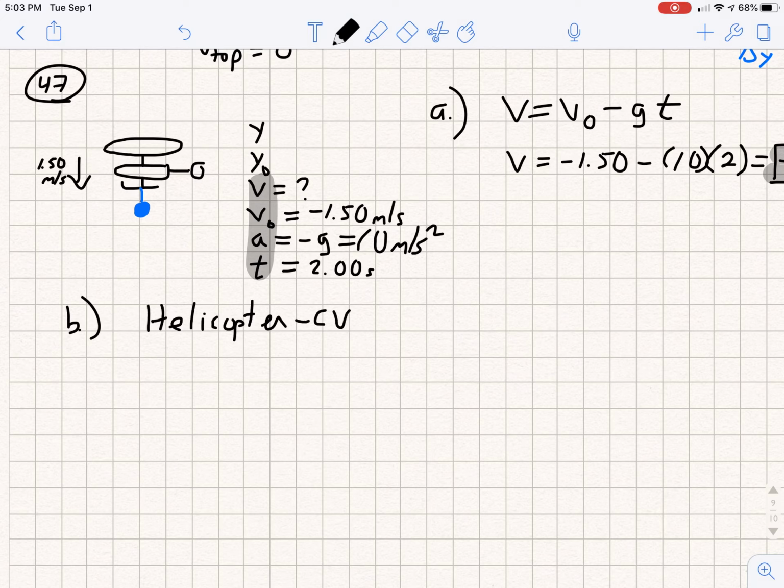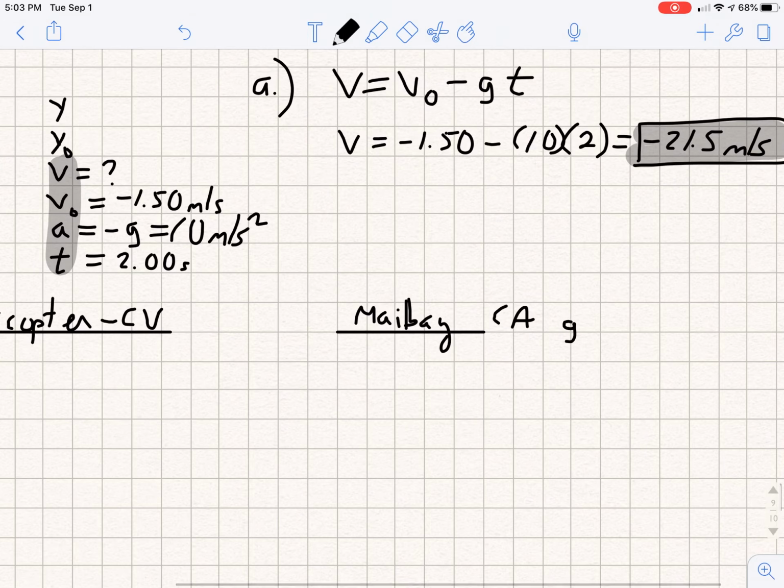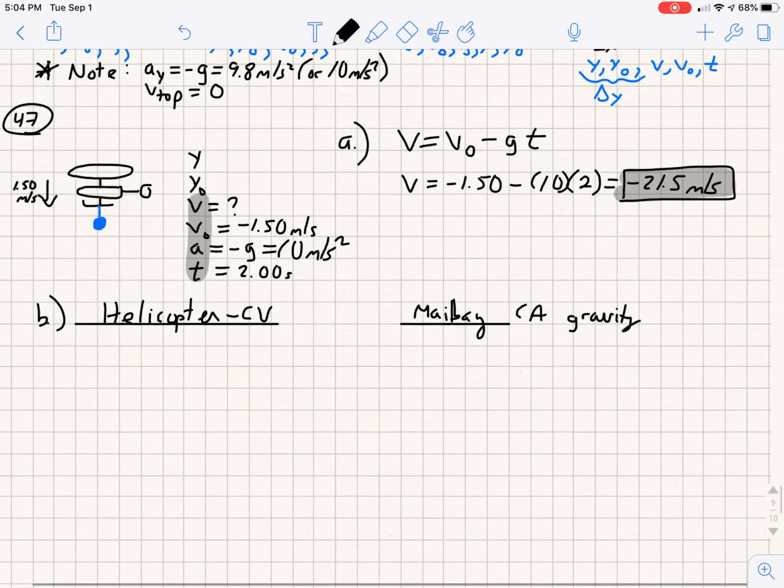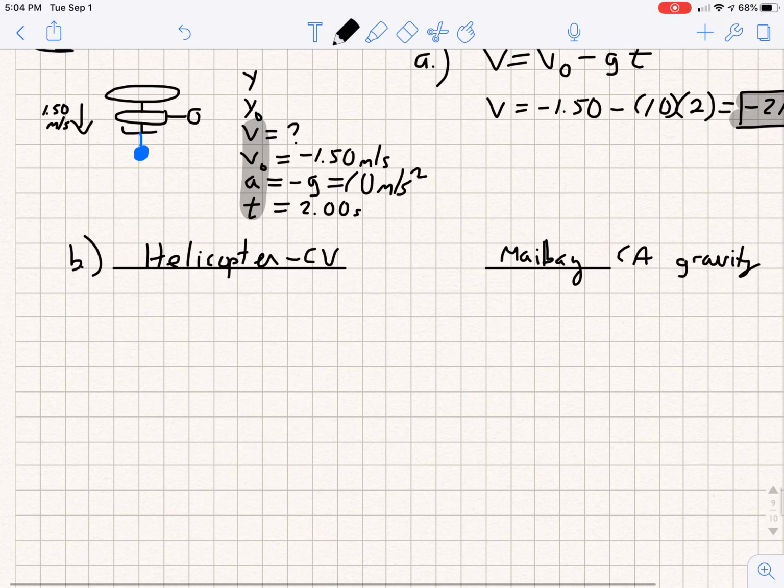moving with constant velocity downward, and we have the mailbag, which is moving with constant acceleration due to gravity, right? Or free fall acceleration. Well, let's go ahead and make simultaneous lists here for these two concepts.